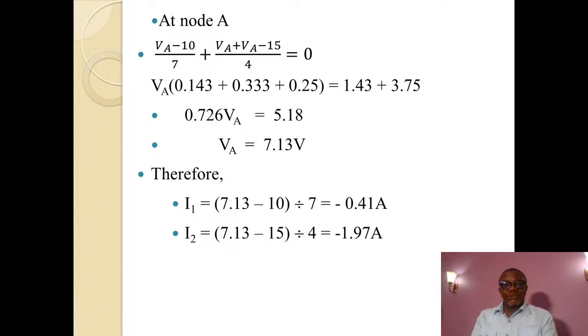And I2 will be 7.13 minus 15 divided by 4, which will give you minus 1.97 ampere. Now, your currents are having negative signs.